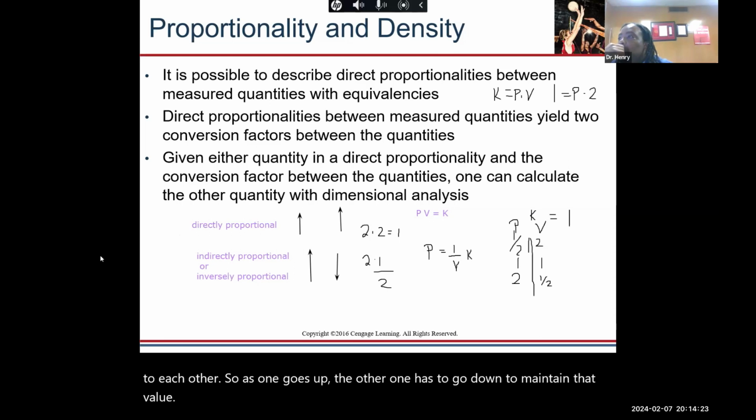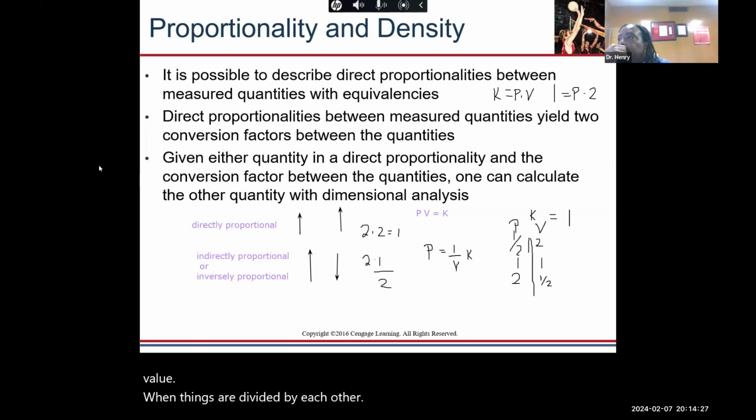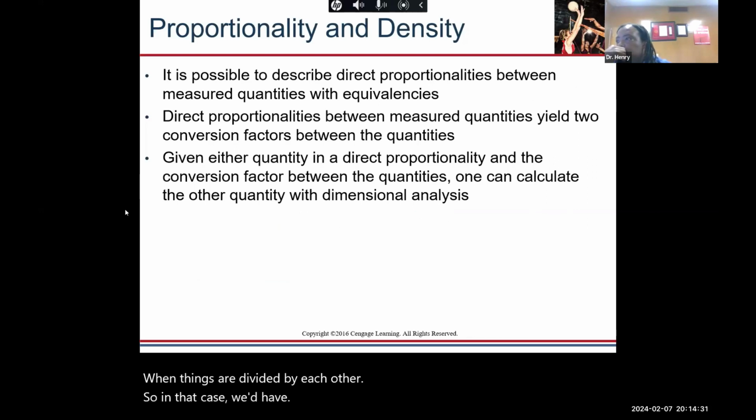When things are divided by each other, so in that case, we'd have, say, density. Density is going to be mass over volume.